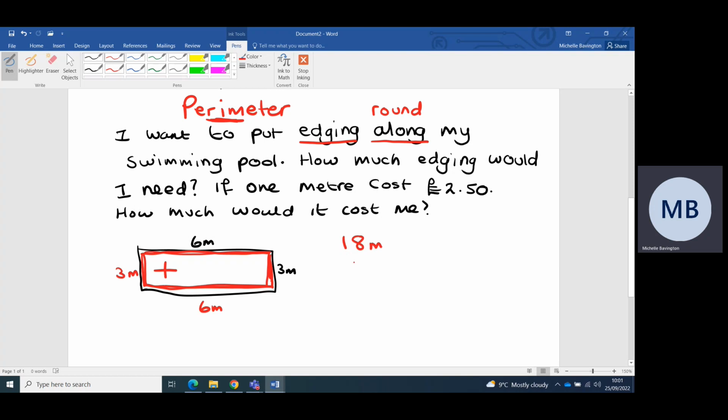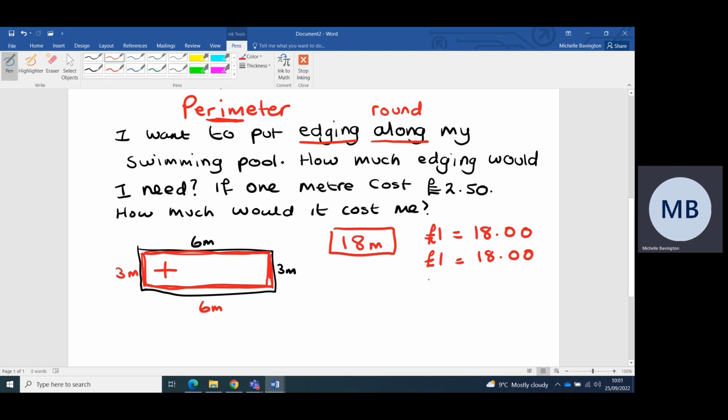So we've done that bit. How much edging would I need? So I'm going to make that my answer for that bit. Then it says, if 1 meter costs £2.50, how much would it cost me? Okay, so if £1, it would cost me £18. Another pound would cost me another £18.